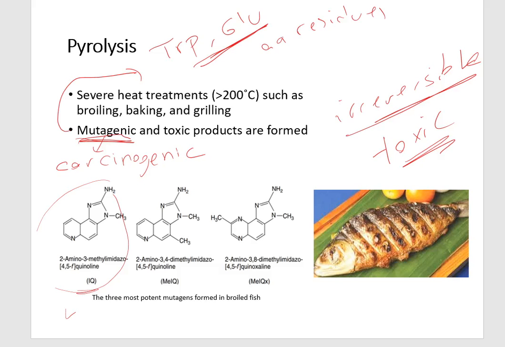Okay, these are not good for our health. So generally, following heating of foods according to recommended procedures, IQ compounds may be present only at very low concentrations. So proper heating is important. Okay, continue.